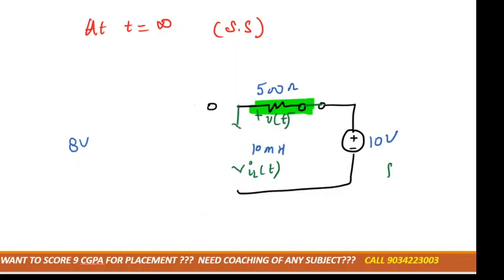Again the inductor will behave as a short circuit because this is the condition for the steady state, right? So again we need to calculate the current across the inductor at infinity. How much? Tell me, how much would be the current?